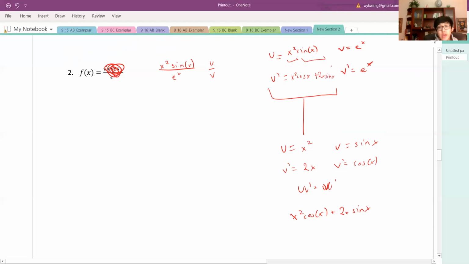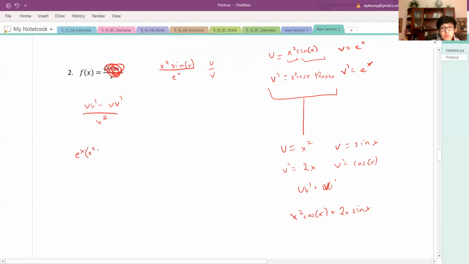Okay, so now we have all the elements that we need for quotient rule, right? Now we need to actually do quotient rule. And quotient rule is what? Like v u prime minus u v prime all over v squared, I believe. So now let's just plug in those elements. So e to the x, right? U prime is this whole thing.